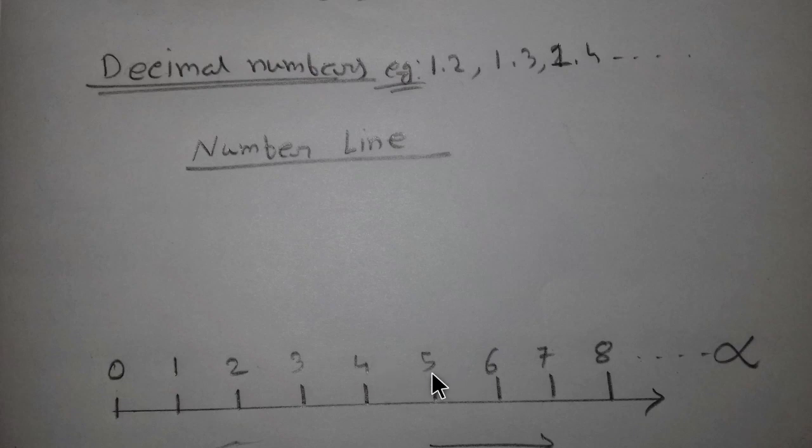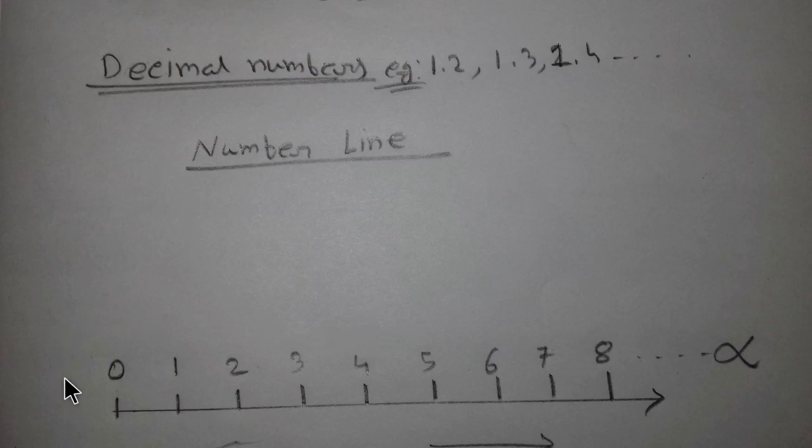The value of 5 is more than 4. And if I move to the left hand side of 4, I will find 3, 2, 1, 0. The values of all these numbers 1, 2, 3 are less than 4. So that means if you move to the left hand side, the value of the number will decrease, and if you move to the right hand side, the value of the number will increase.